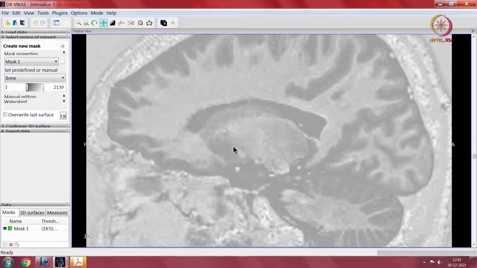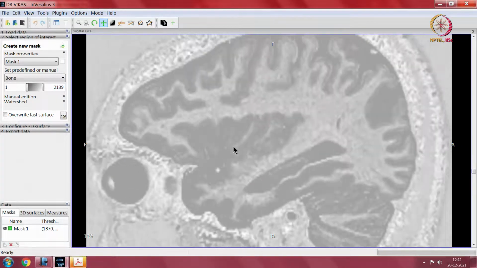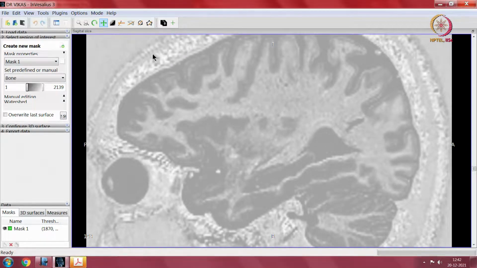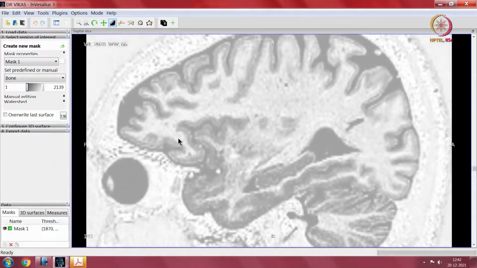Then we see if we can identify further structures, which is difficult in the sagittal section. There is one structure which I think is very obvious over here, which I should highlight. You can see something over here.